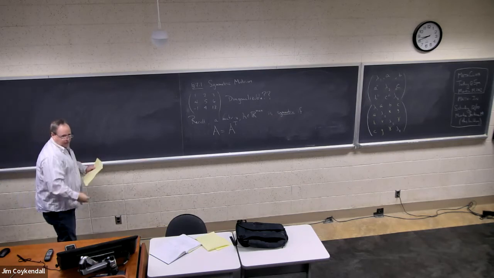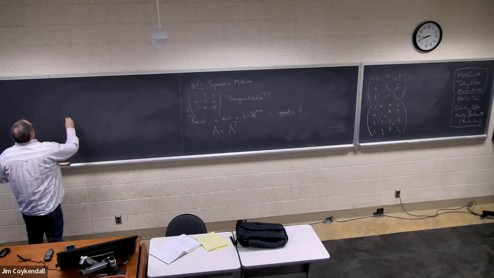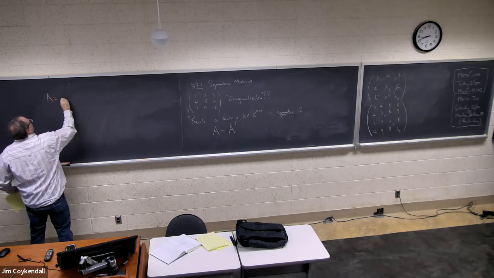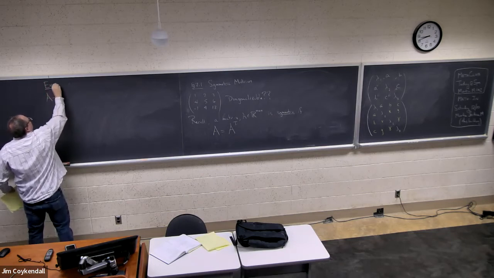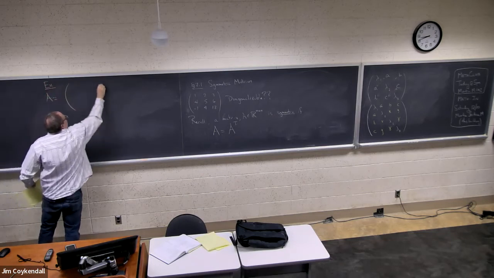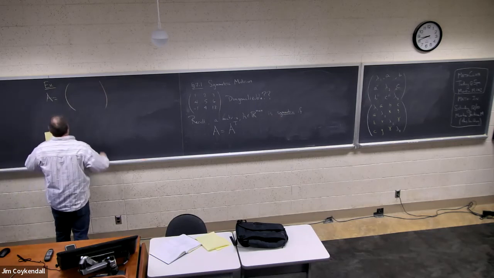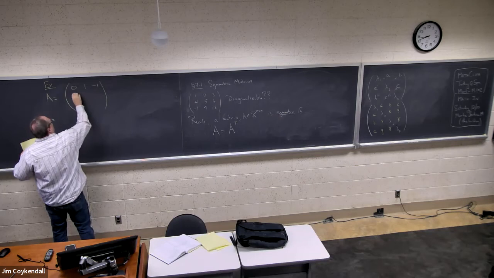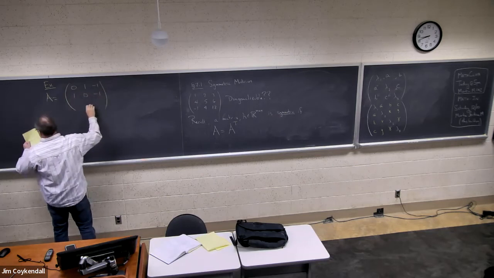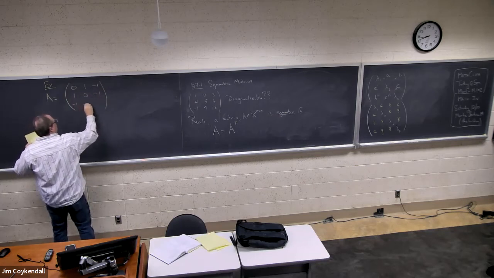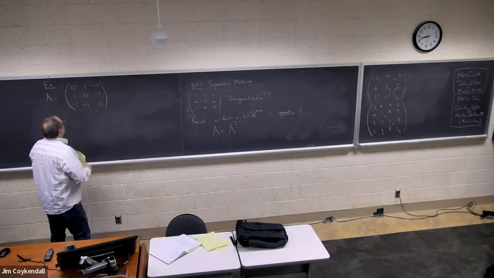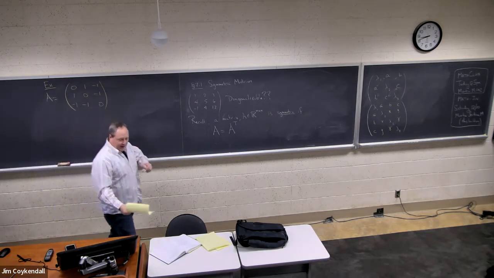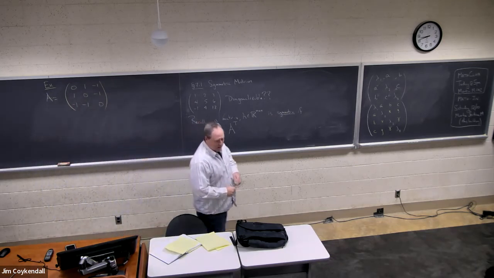So symmetric matrices don't always have nice eigenvalue polynomials. So let's start with this example here: 0, 1, minus 1, 1, 0, minus 1, and minus 1. Notice this is a symmetric matrix, right?